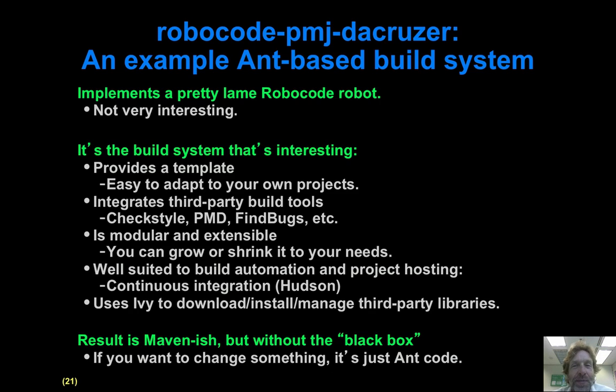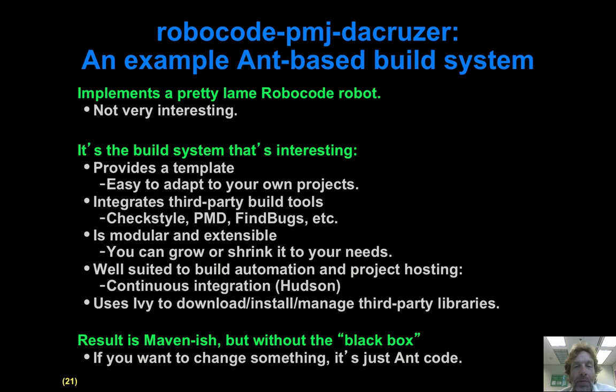But you're not going to build a system that big today, okay? What you're going to build instead is a very small system called robocode-pmj-dacruzer, which builds a robocode robot called dacruzer, and the robot itself, I'm sorry to say, is not very interesting.